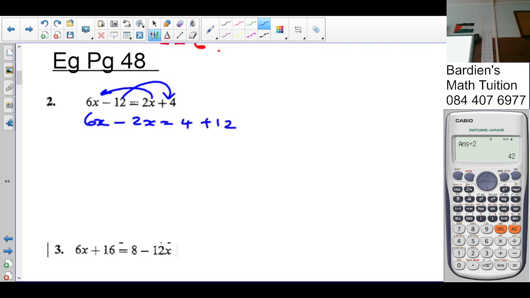Okay, you notice that 6 is on the left hand side. So whatever is on the left hand side that I'm keeping there, you write first. So what's 6x minus 2x? 4x. Equals 16. How do I get x on its own? Divide by 4 both sides. So x is equal to?